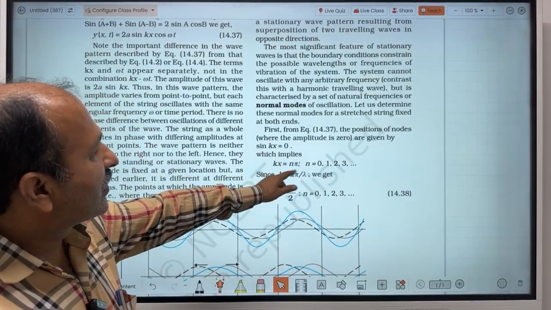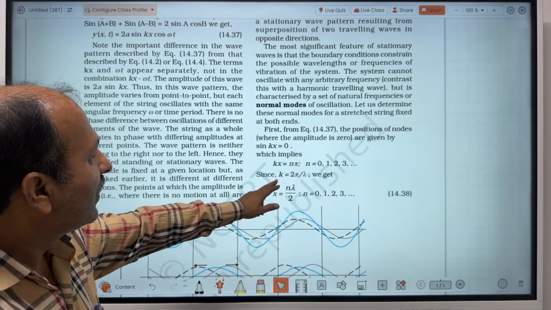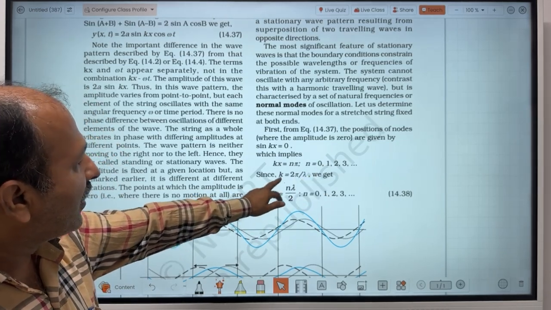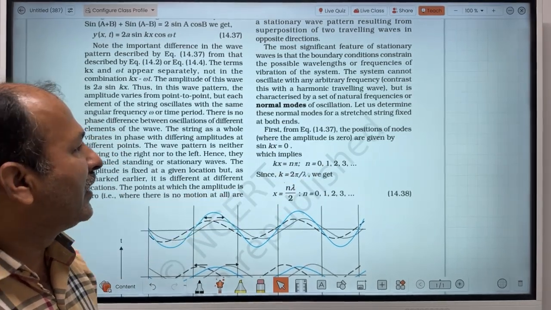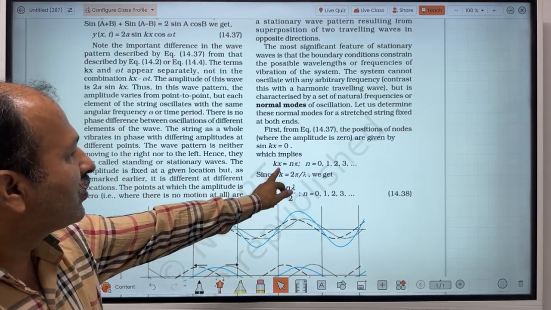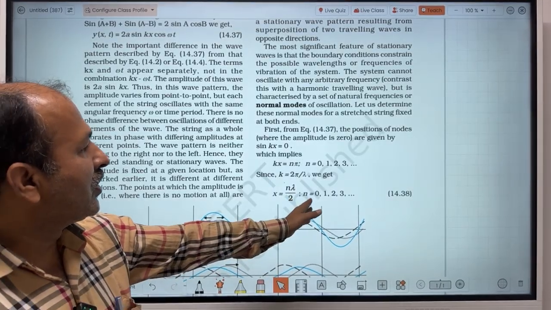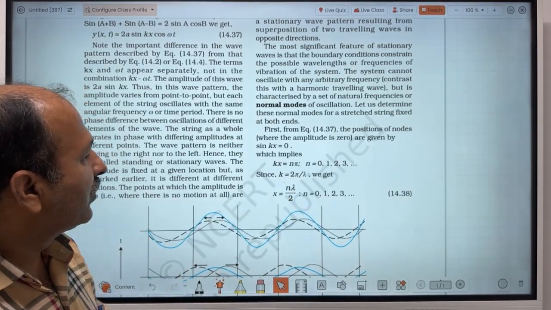So we can write kx equal to n pi, where n is 0, 1, 2, 3. We know that k equal to 2 pi by lambda. So we write this value here, 2 pi by lambda, and then simplify. So we get x equal to n lambda by 2, where n can be 0, 1, 2, 3.